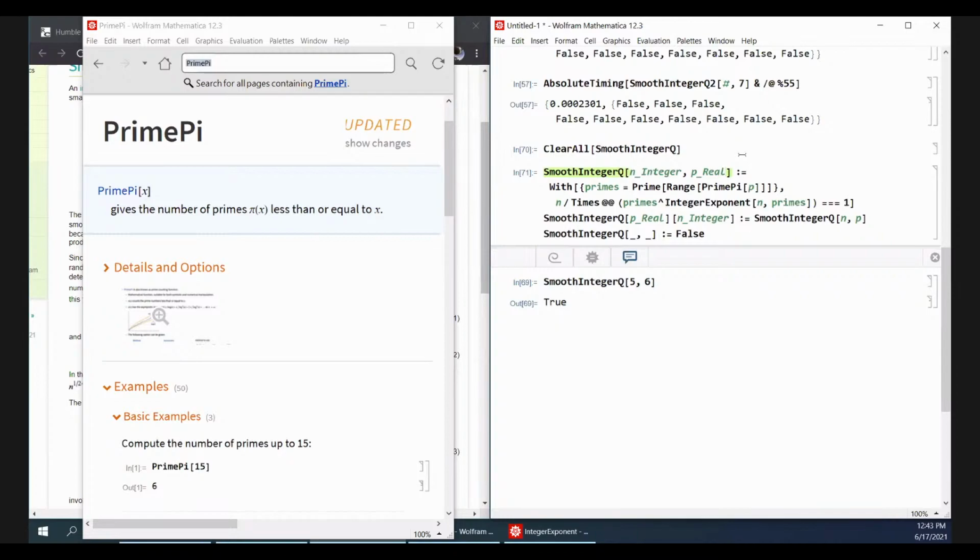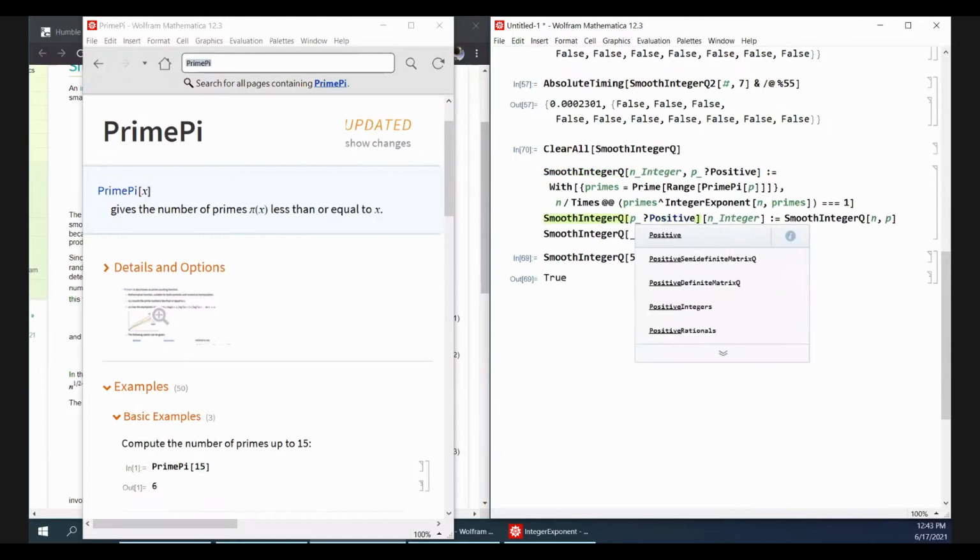The number can be negative, but the p can't be negative, it needs to be positive. You're right. You don't want real because that will not take integers. So you could just say p greater than 0. Would that be a pattern, or is positive already?